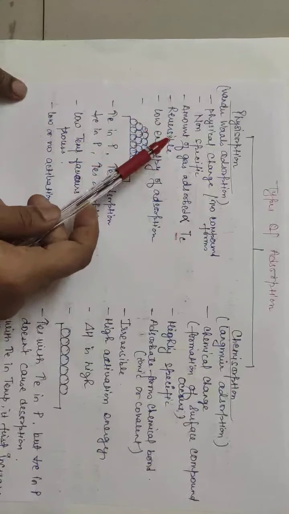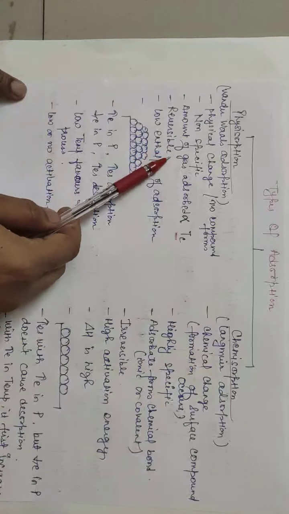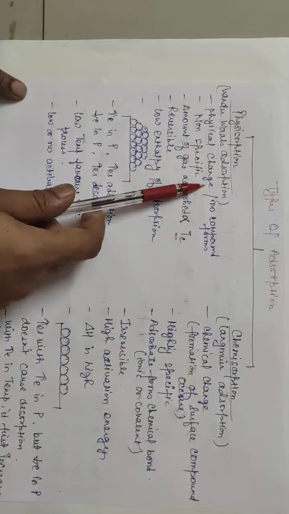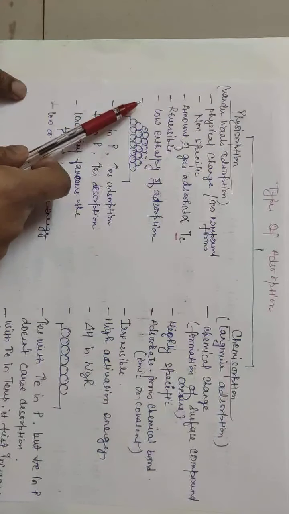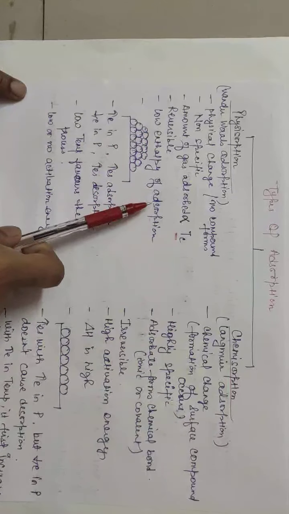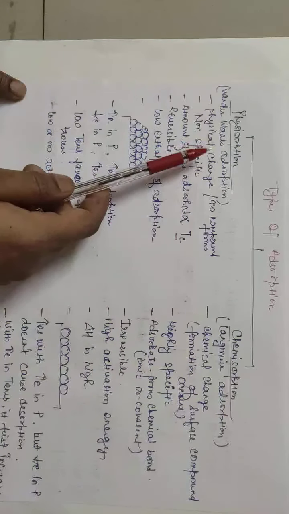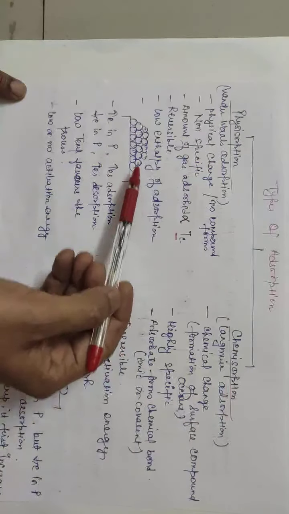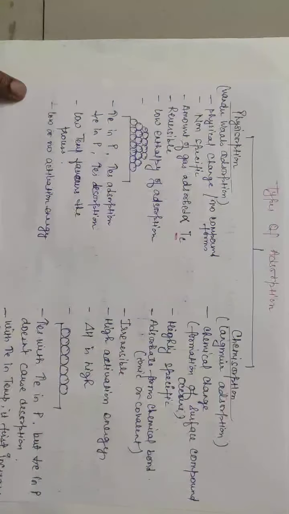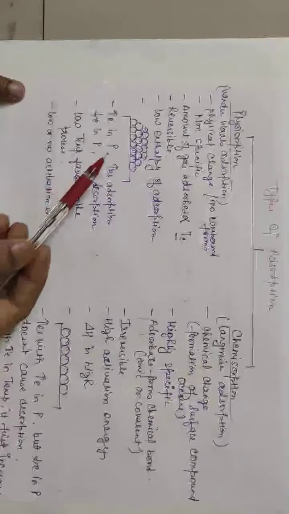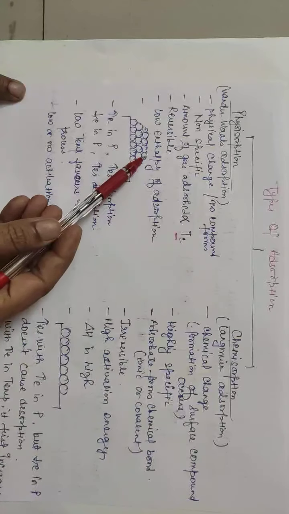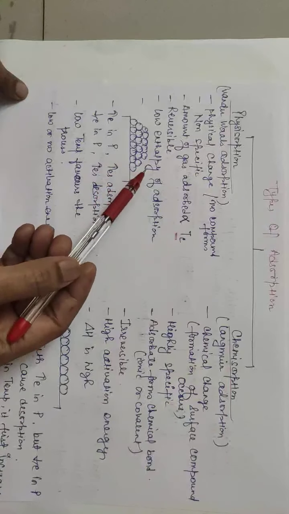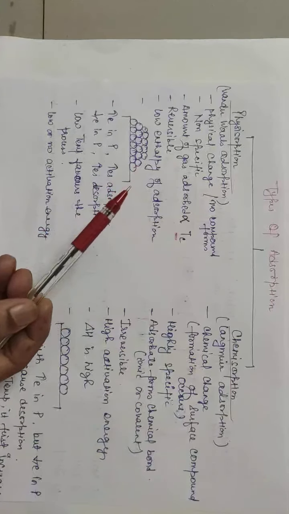The process is reversible, that is, it is an equilibrium process. Since it is a physical change, it is associated with low enthalpy of adsorption. Very weak forces are involved in the process, so the enthalpy of adsorption is very low. It forms a multi-molecular layer of adsorption.